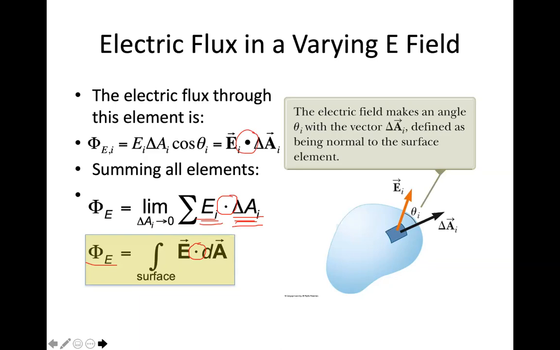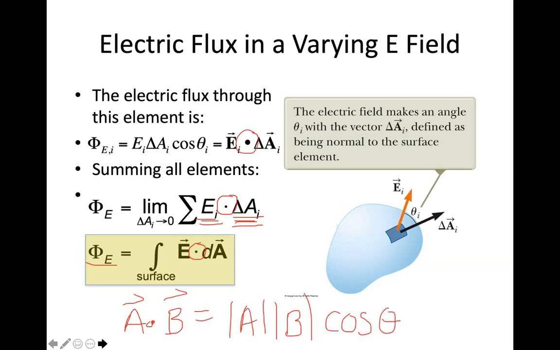A dot product, remember that, well, let me see. Let's do random vector A dotted into random vector B is magnitude A, magnitude B times the cosine theta. In other words, it looks for parallel components, just like that.